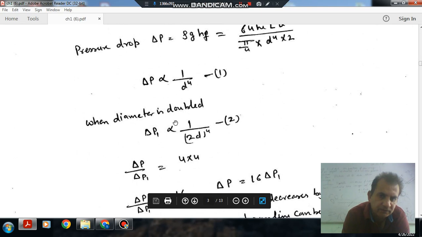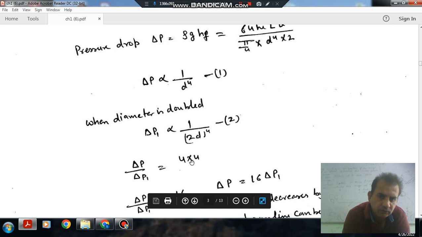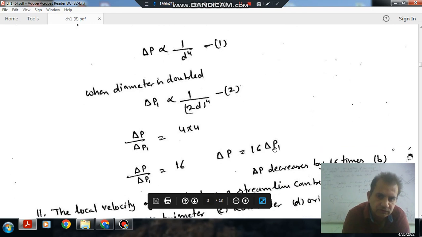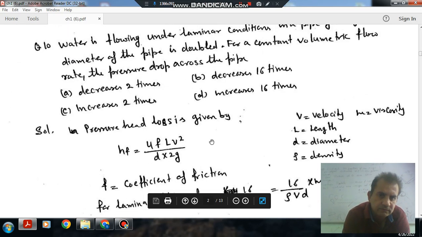When the diameter is doubled, the pressure drop becomes delta P1, proportional to 1 by 2 D to the power 4. So the ratio of delta P by delta P1 is 16. So delta P decreases by 16 times, the answer is B.